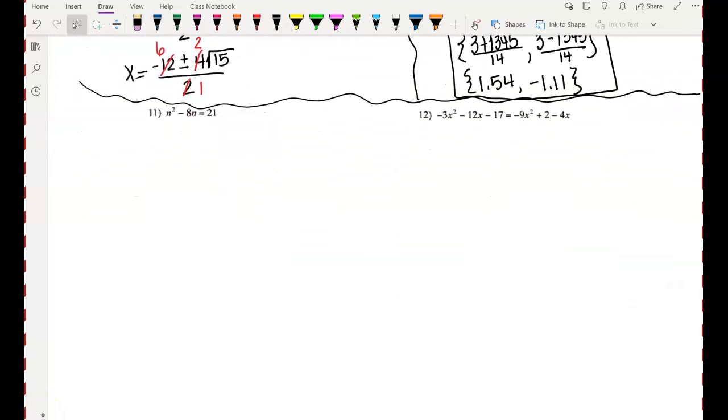All right, number 11. N squared minus 8n equals 21. Again, first thing I have to do is move that 21 over so that I have n squared minus 8n minus 21 equals 0.